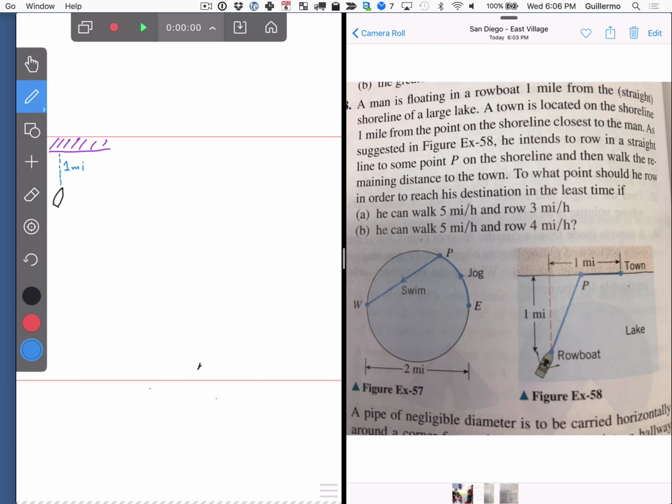And then you have a town over here. So a town's located on the shoreline 1 mile from the point on the shoreline closest to the man. So this right here is 1 mile. Okay, so here's P.